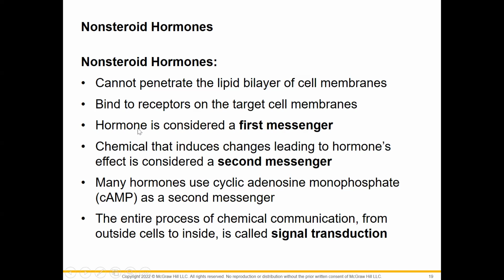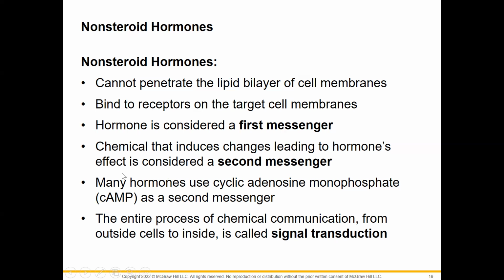Once that hormone binds to the receptor on the cell membrane, then on the other side of that receptor that's actually inside the cell, that part of the receptor will then go in and say, all right, let's move. And it will cause a second messenger to then send the signals to the various aspects of the cell that are then going to do some work.